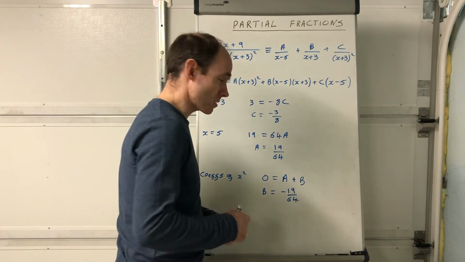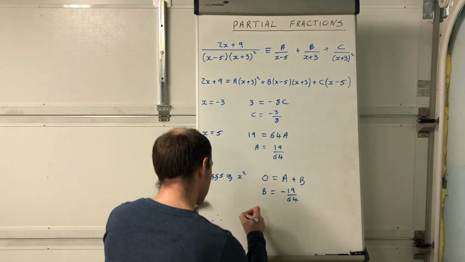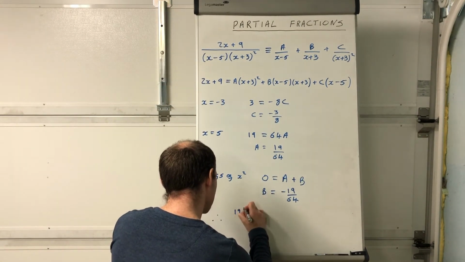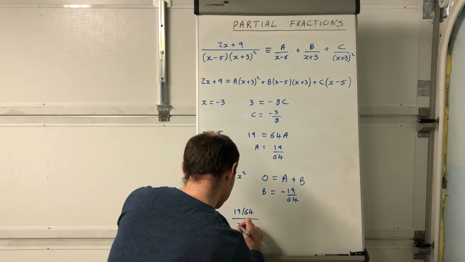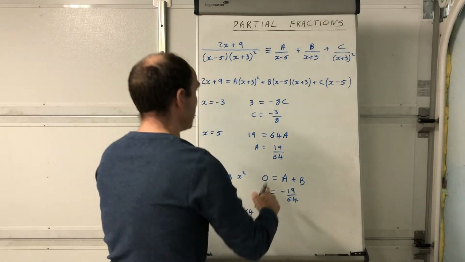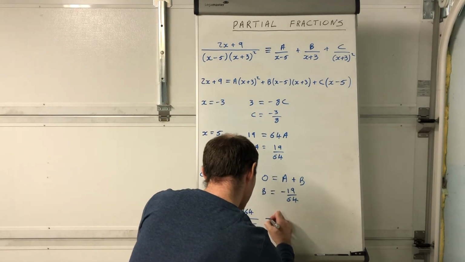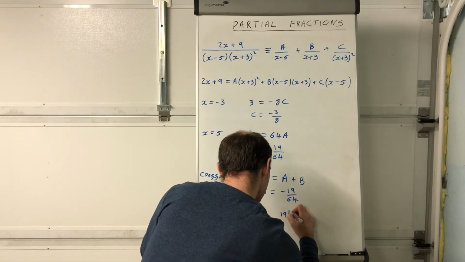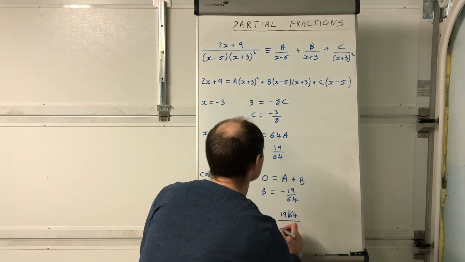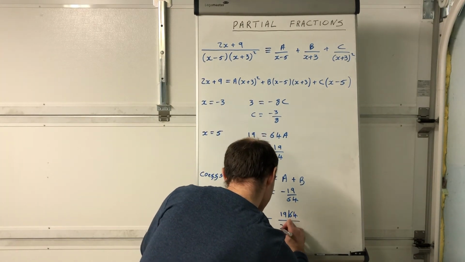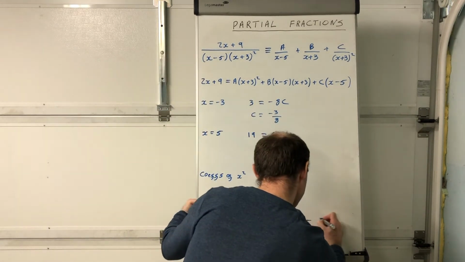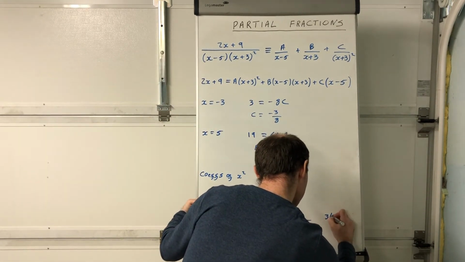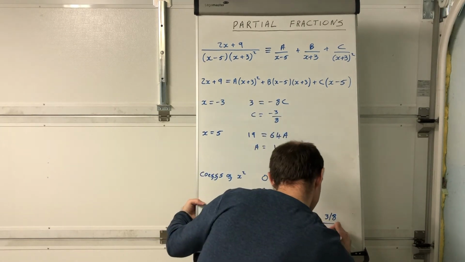However, the way I'm going to write it is like this. a is 19 over 64, so 19 over 64 over (x minus 5). b is negative 19 over 64, so subtract 19 over 64 over (x plus 3). And then c is negative 3 over 8, so subtract 3 over 8 over (x plus 3) squared.